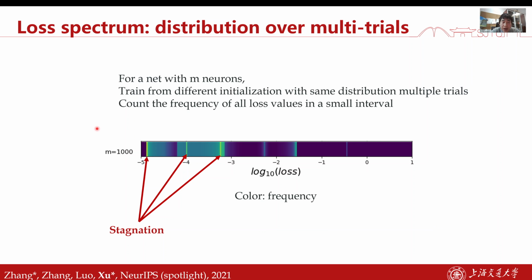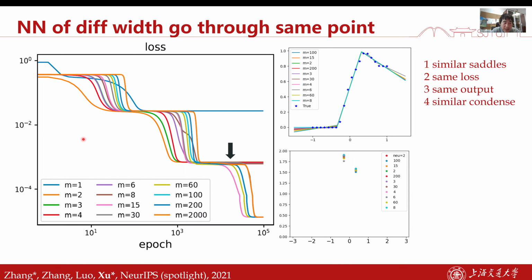And now we count the frequency of all loss values in a small interval. For example, we consider the interval within this very small interval around this -2. And we count how many epochs, for example, for this red curve.